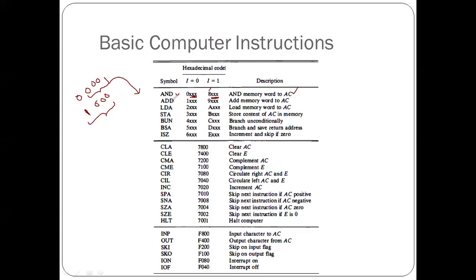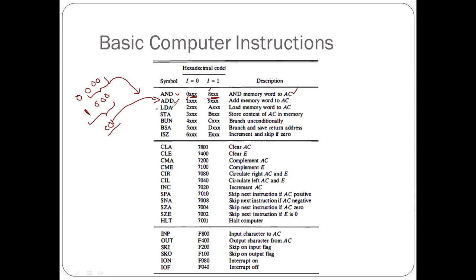Similarly, the add operation. Add operation is given 0, 0, 1. So I have dedicated 0, 0, 1 for the add operation. If I equal to 0, this will be 1. If I equal to 1, this will be 9. And next, load accumulator.